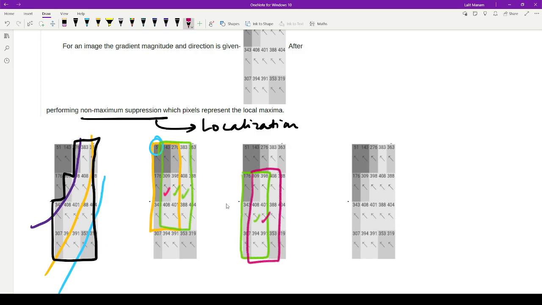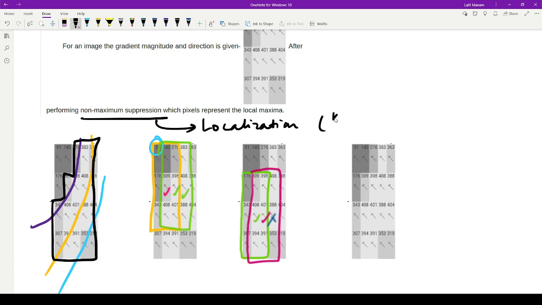Yes. What about 388? Will it survive? No, it won't survive because along this direction you get 398. So that's all that we can check for given this window size of 3 cross 3.